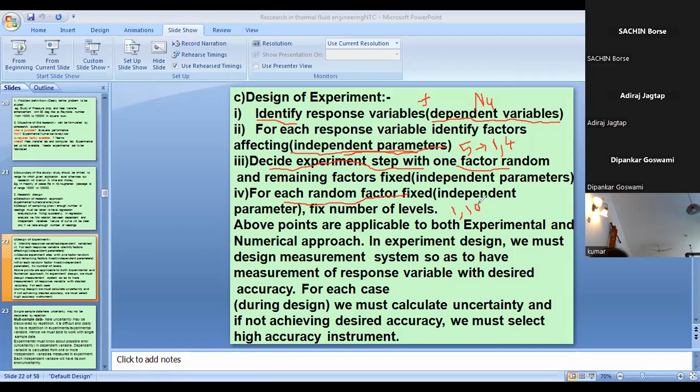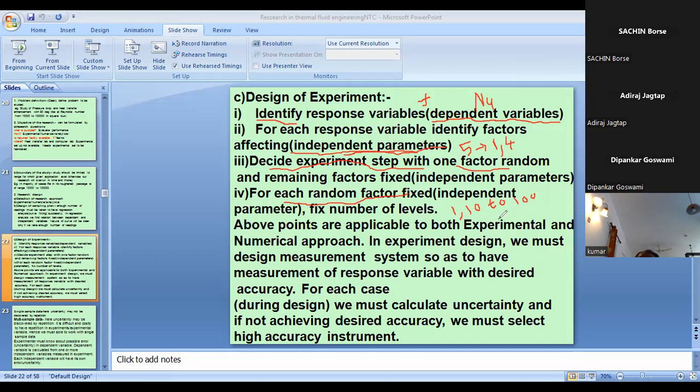Like suppose it is varying from 10 to 100. Suppose we selected one independent parameter. Now its study range is from 10 to 100. Okay. Then what we have to do is we have to decide the steps.